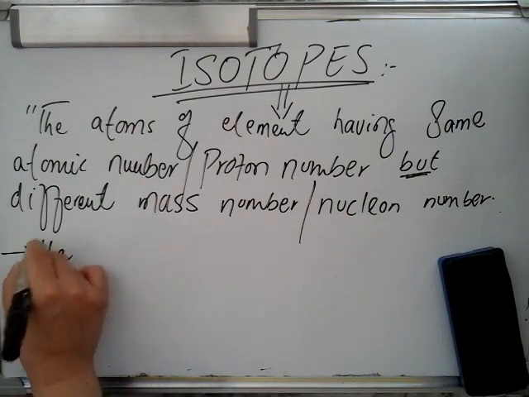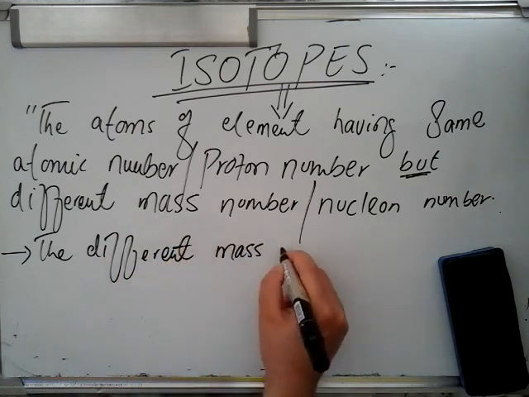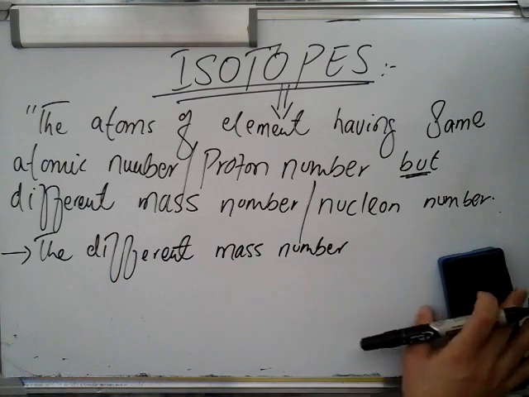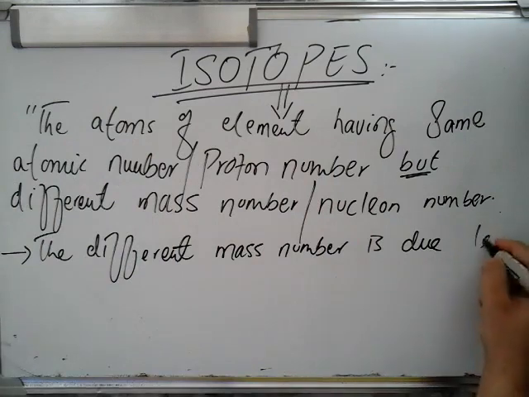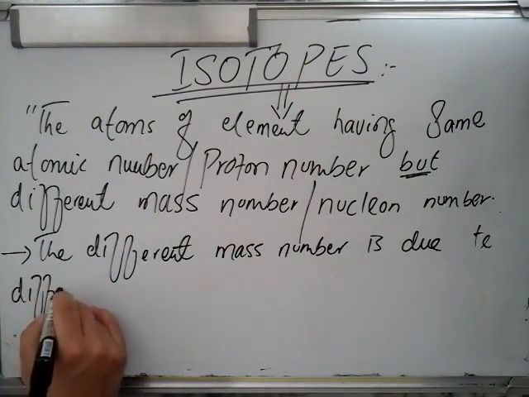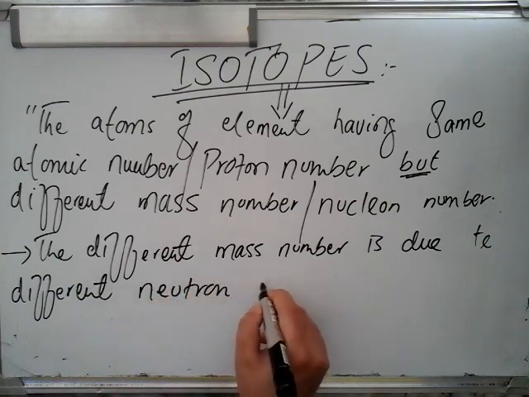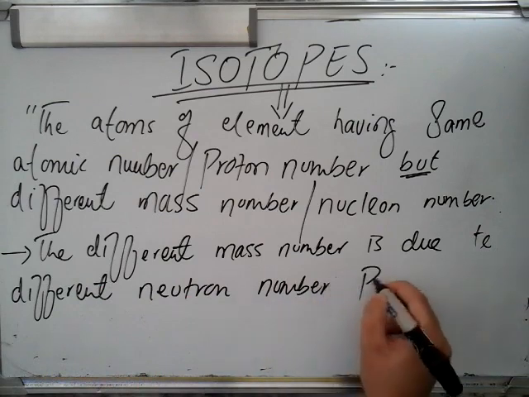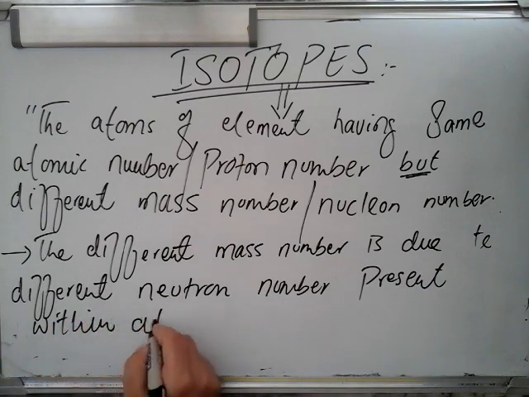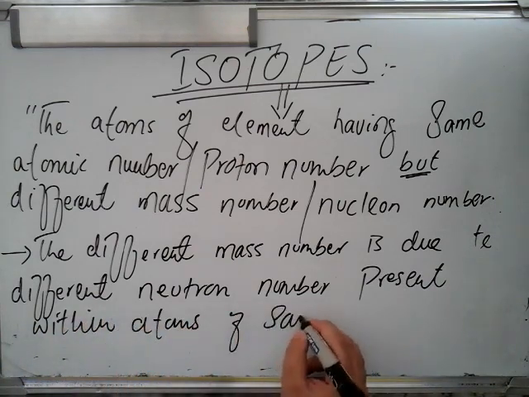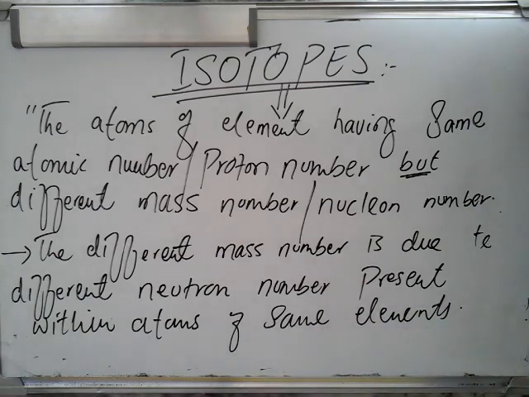Okay, so the different mass number is due to different neutron numbers present within the atoms of the same element.